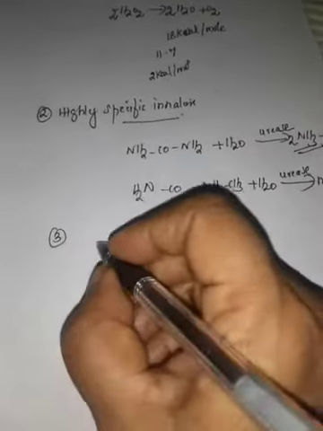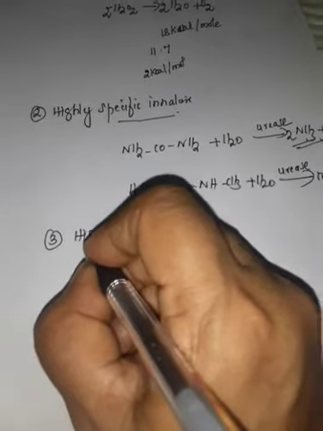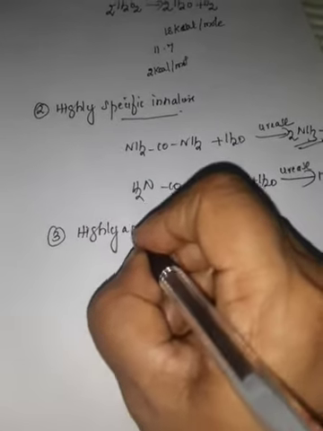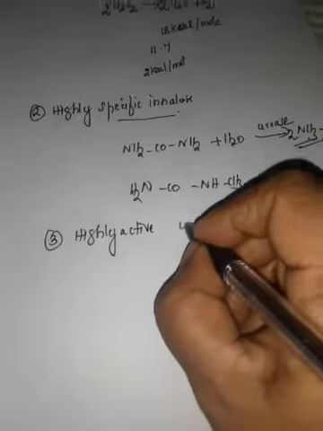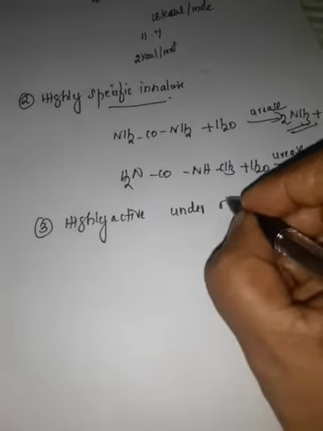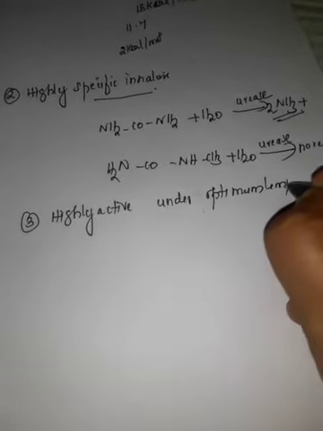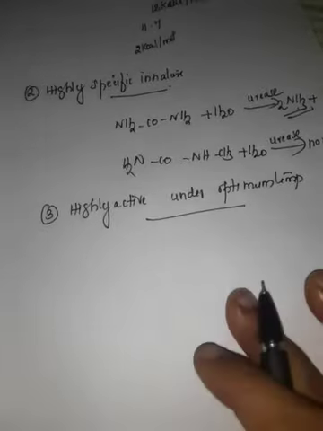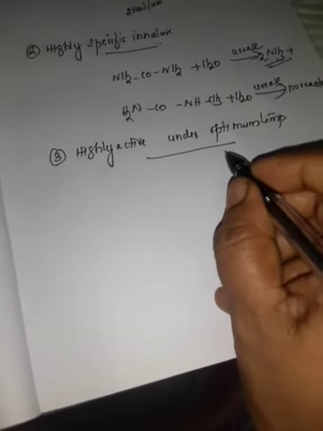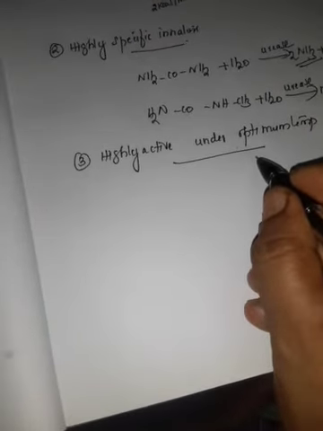Third one is highly active under optimum temperature. What is meant by optimum temperature? The temperature at which enzyme activity is high is called optimum temperature.